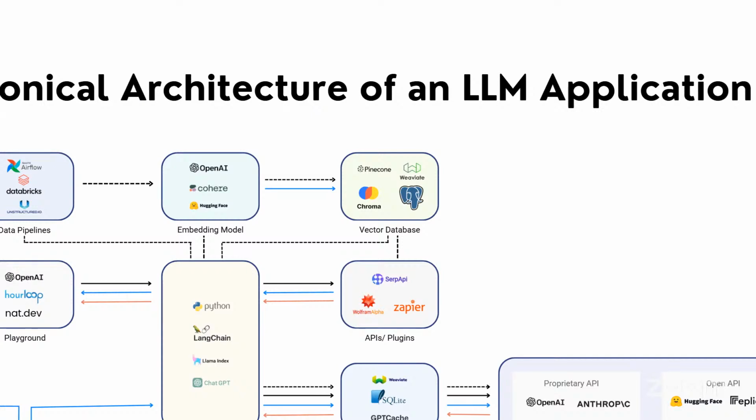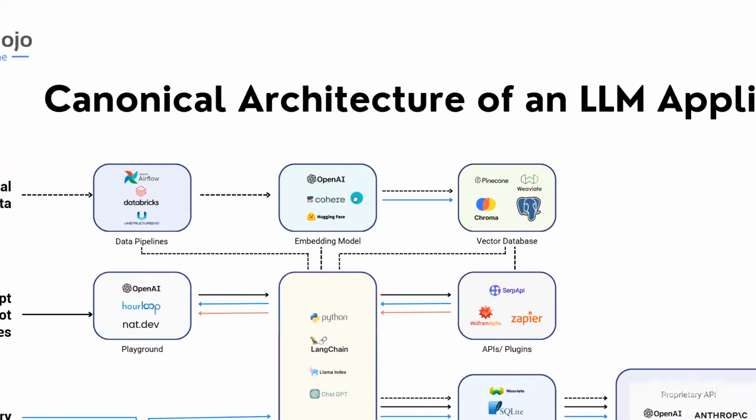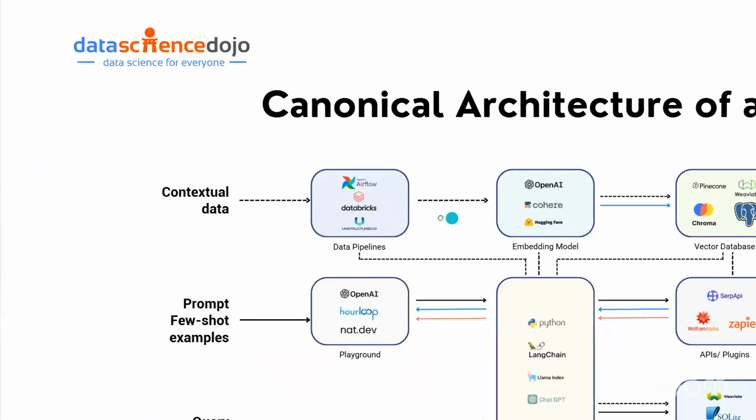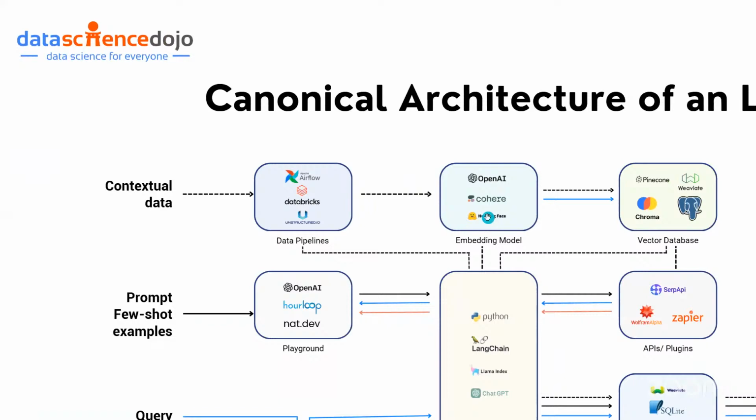So a vector database is going to be at the core of it, and we cover these topics very extensively. Then there is an embedding model that has to be there. You ingest your data, you break it down, you chunk it, and you put it in a vector database. So there we go through all of this in quite a lot of detail.